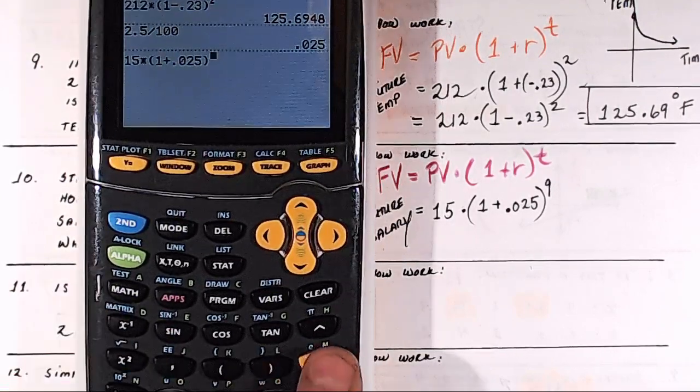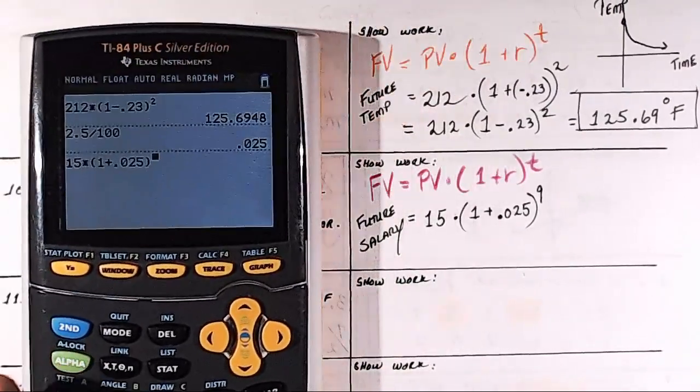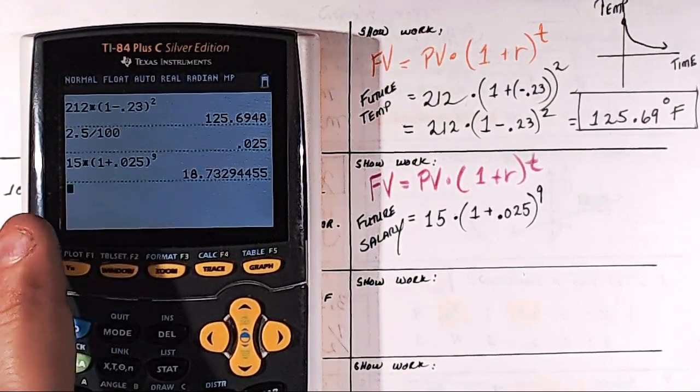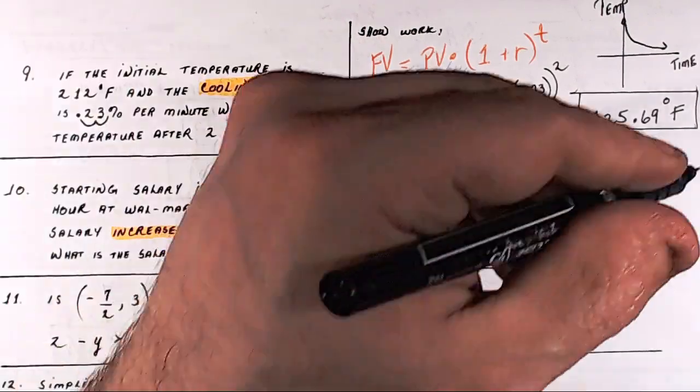Just so you know what I'm saying when I say caret, it's that button. Some people call it house, some people call it caret. And then put 9 in the exponent position. Hit enter. 18.73. This is money, so it's $18.73 an hour.